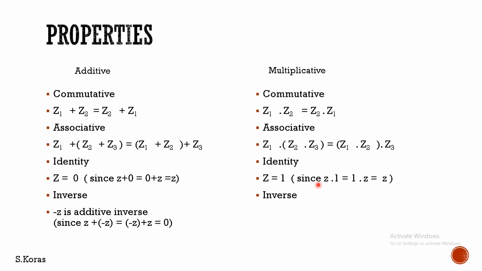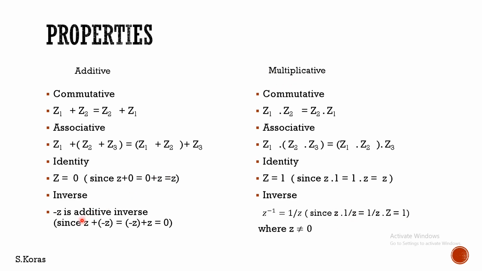So surely, if the complex number is z, its inverse will be 1 by z, because if you multiply z into 1 by z, the result will be 1, that is identity. Hence we can say clearly, if the complex number is z, then its inverse is 1 by z under multiplication.